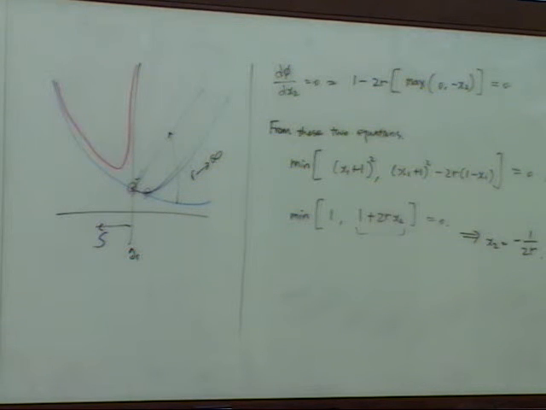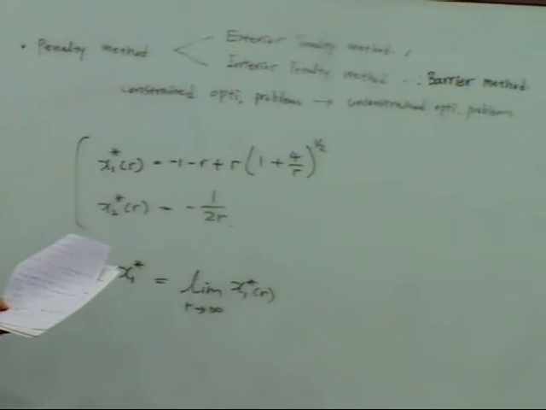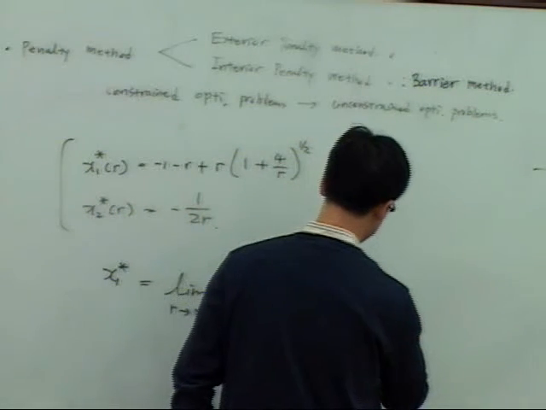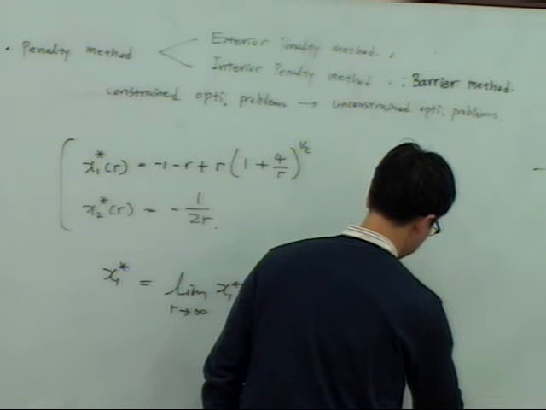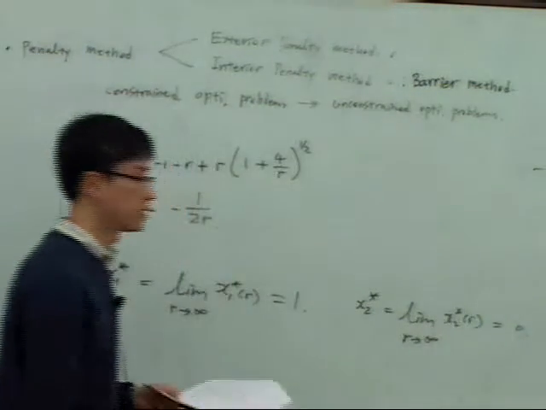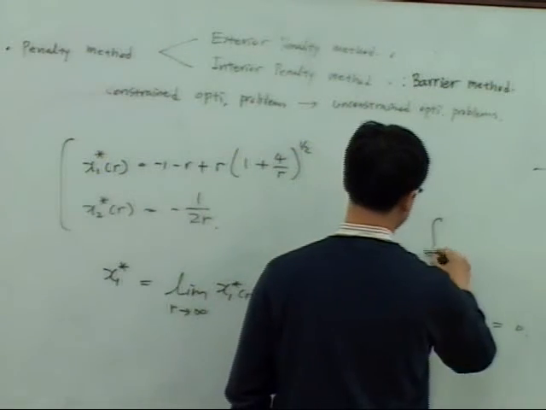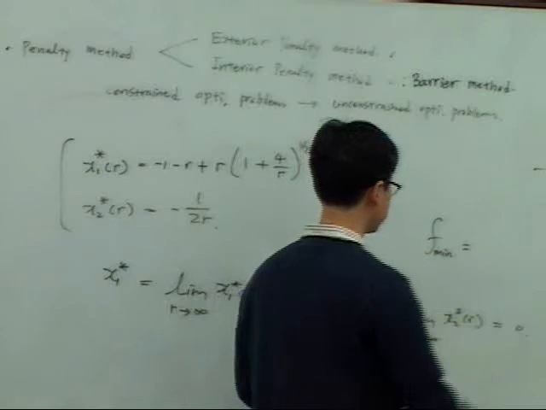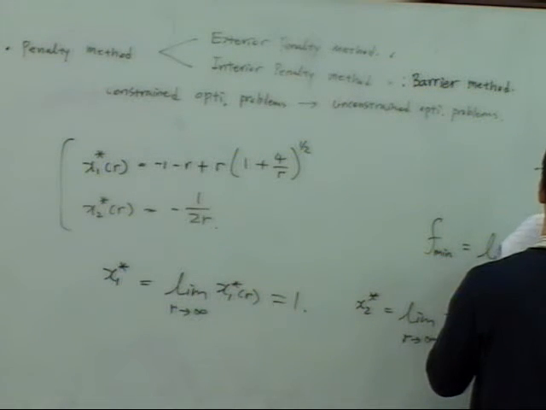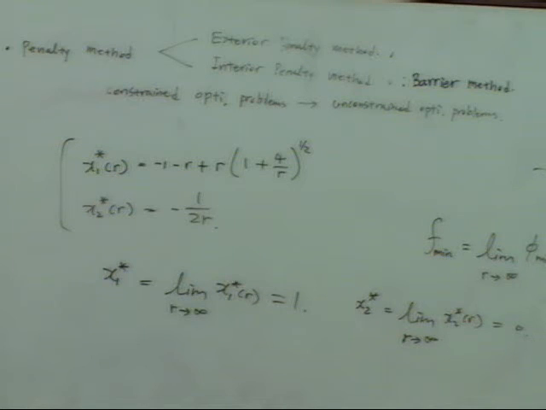It's x1 star(r), and this is 1, and x2 star is the limit as r approaches infinity of x2 star(r), and this is 0, and the minimum value of our function is also the same as the limit of this phi, is like that. Okay.